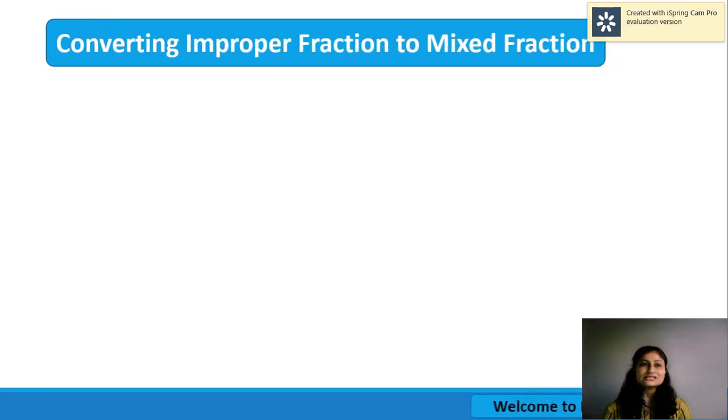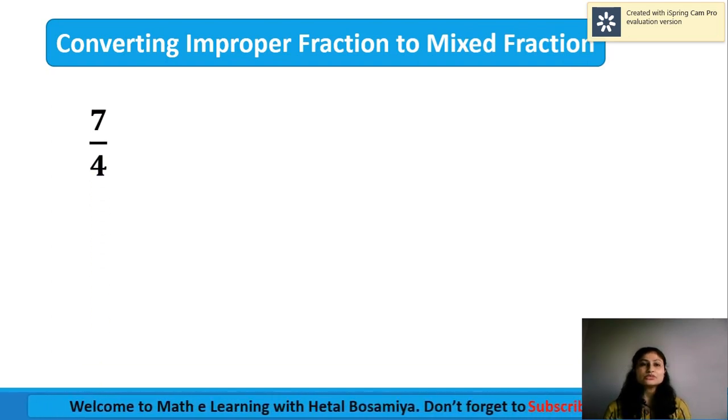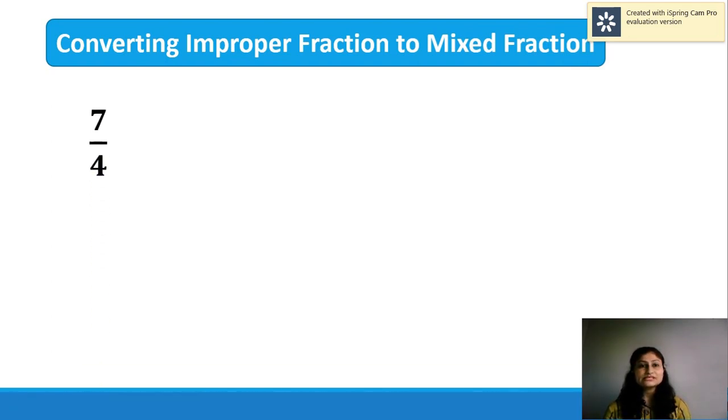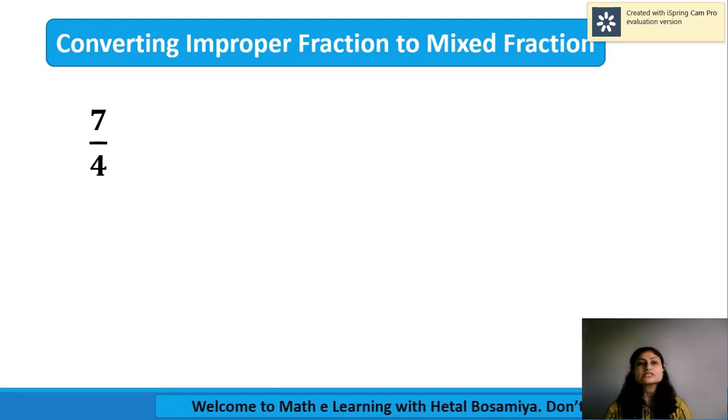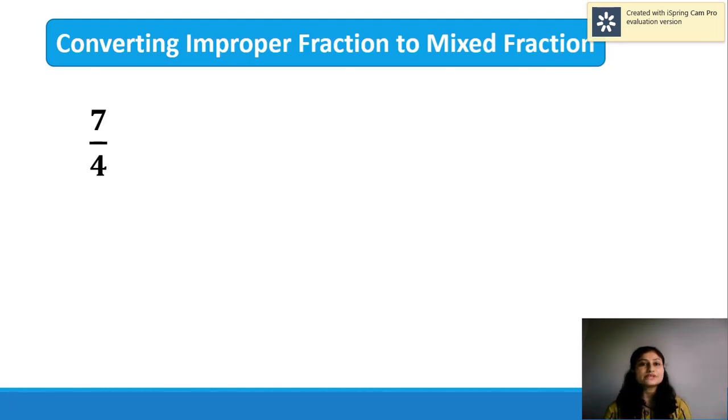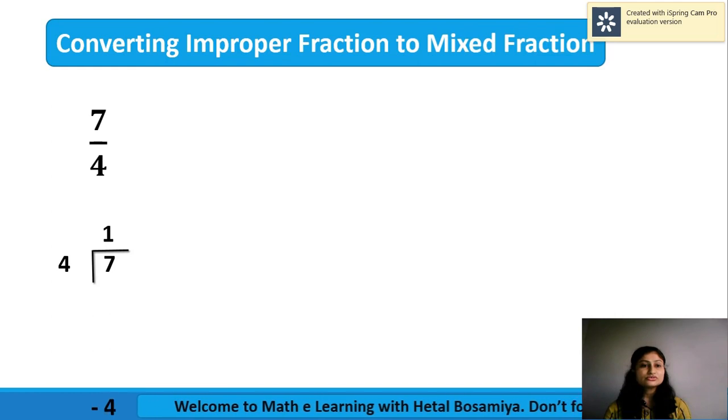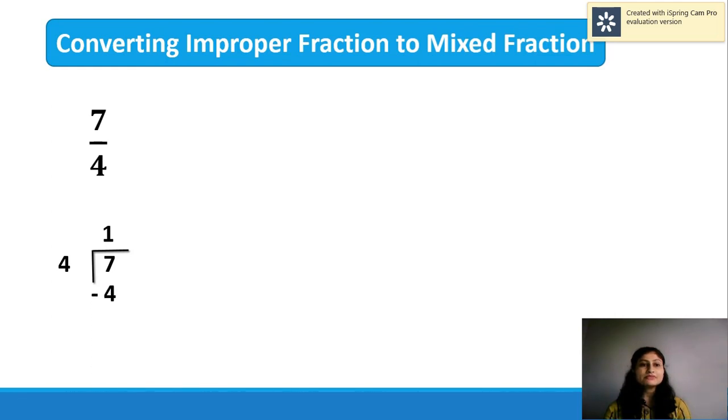Next topic is converting an improper fraction to a mixed fraction. How can we convert improper into mixed? Here one example is given, 7/4. This is an improper fraction because the numerator is greater than the denominator. First of all we need to divide 7 by 4, and 4 ones are 4. 7 minus 4 is equal to 3.